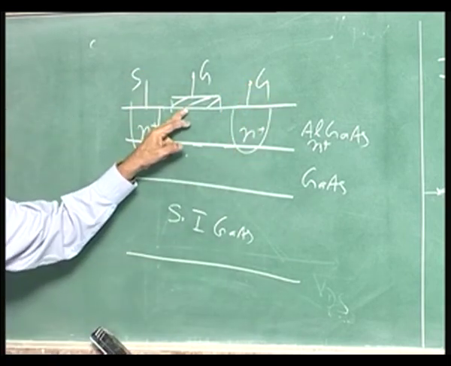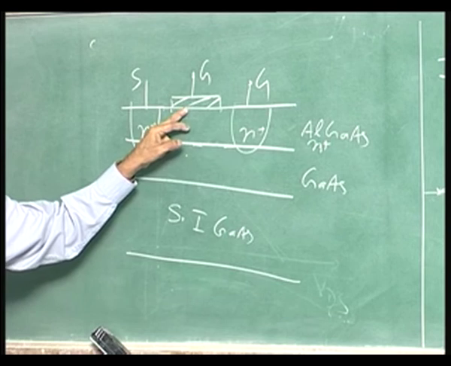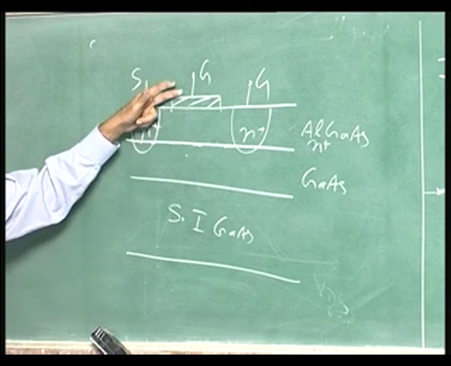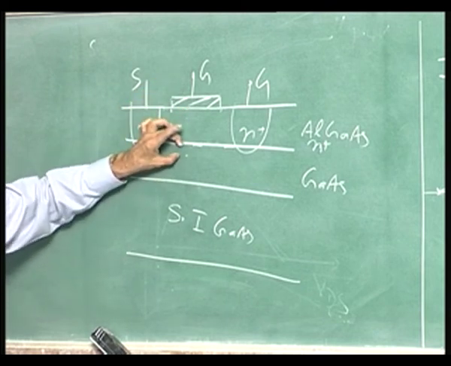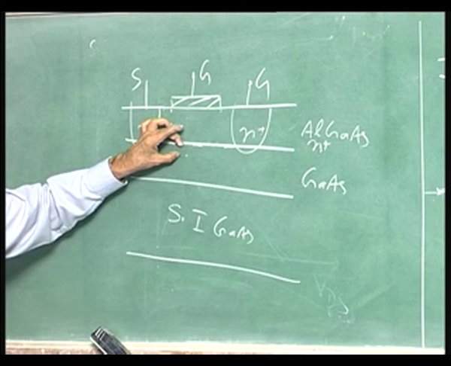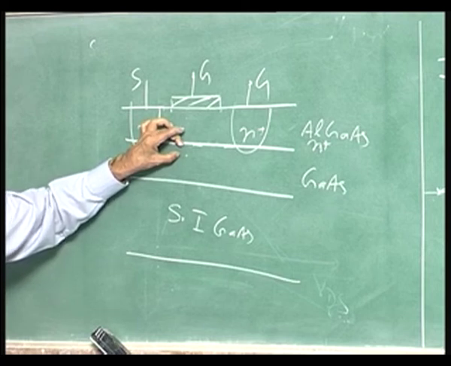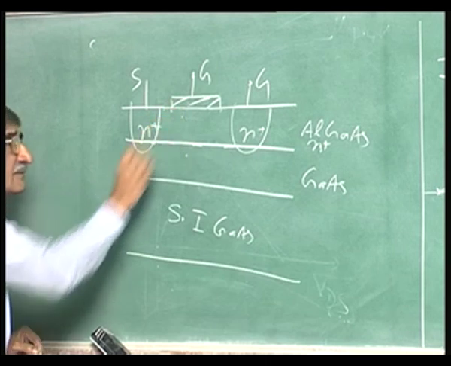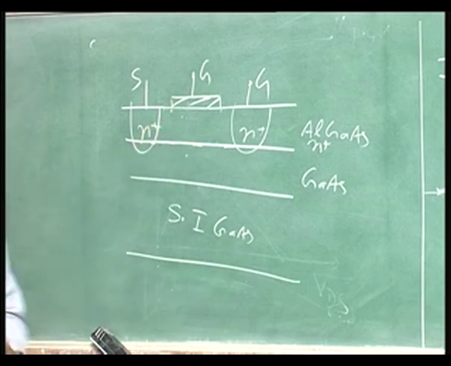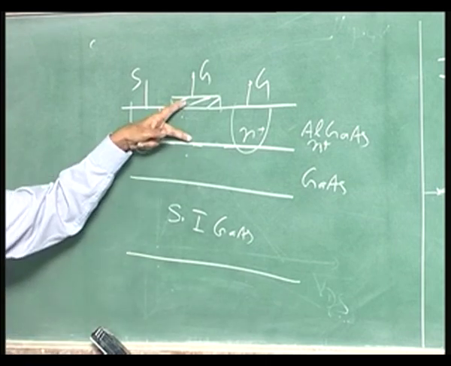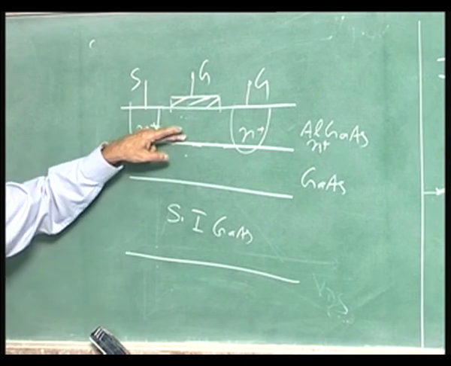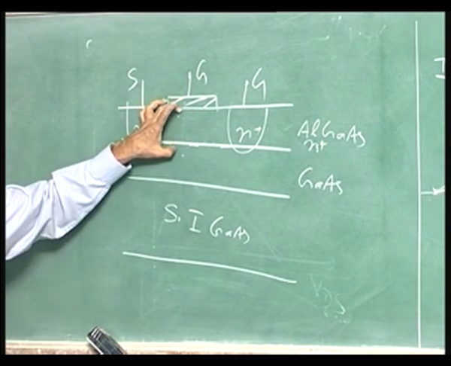I keep on making it more and more positive. Okay. What happens? You keep on making more and more positive, of course, you have more and more electrons here. But at a point, what will happen to the depletion layer of this? See, there should be a minimum voltage across this layer, negative with respect to the substrate, so that entire layer is pinched off.